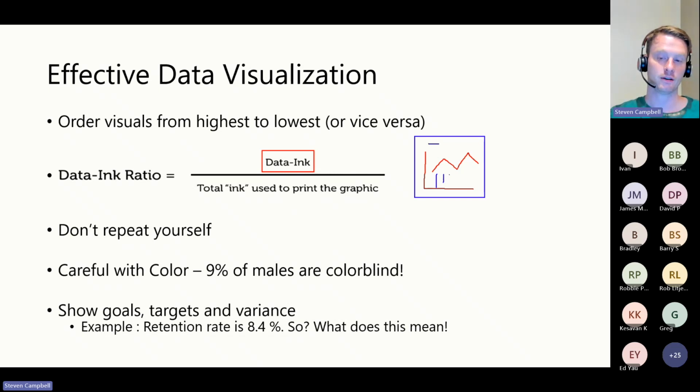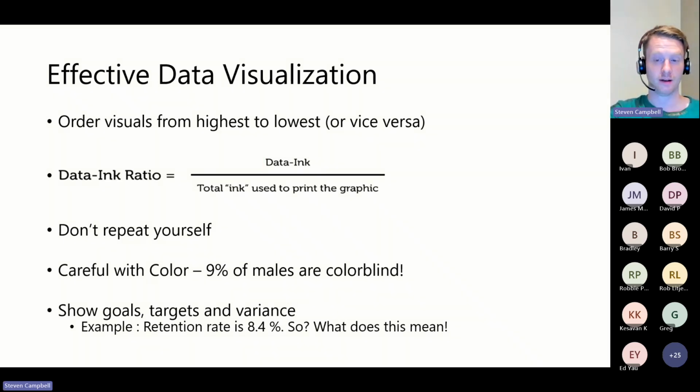That's not actually giving us any information. That's not displaying any information, right? It's just making the graph look prettier. Anything that's making the graph look prettier, that's the total ink. We want to reduce that. We want to reduce anything which isn't actually telling us what the end number is. And we'll go through an example of this later.